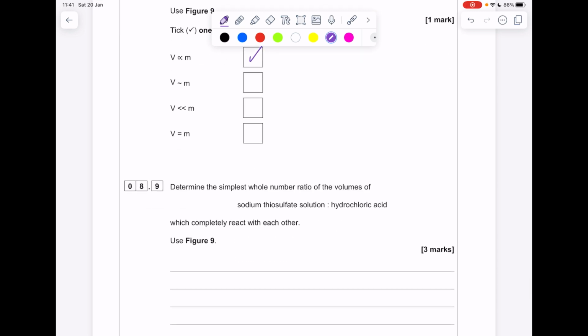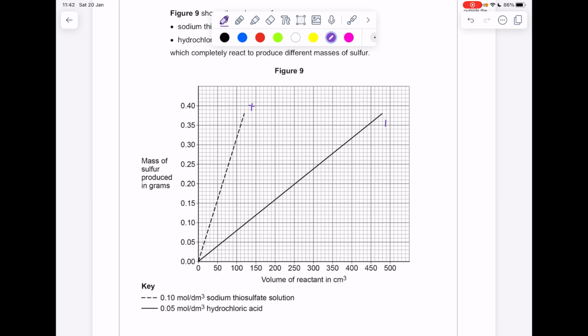Determine the simplest whole number ratio of the volumes of sodium thiosulfate solution to hydrochloric acid, which completely react with each other. So we need to pick a fixed mass. Doesn't matter which one you pick. I am going to go for this one here, just because I know it will be easier for me to read off. So here we have about 48 centimetres cubed of sodium thiosulfate.